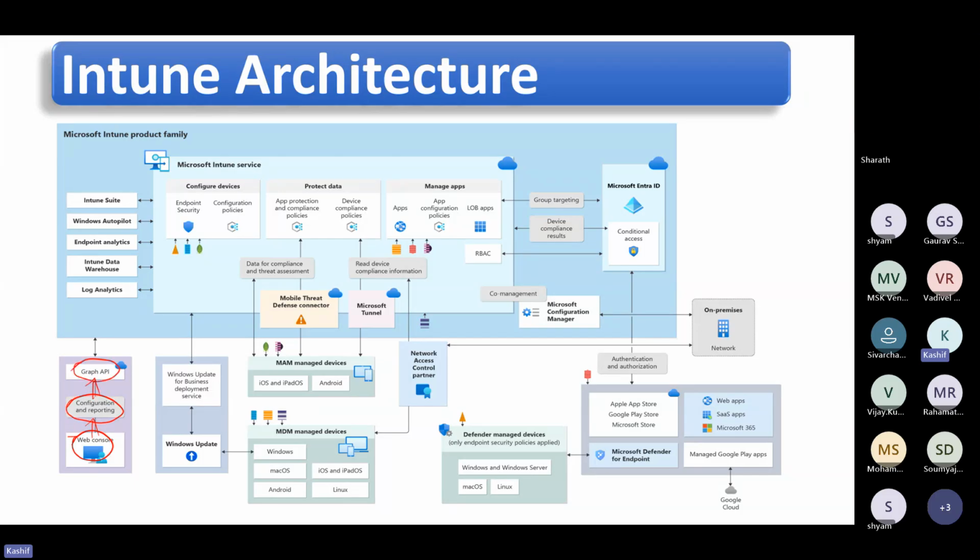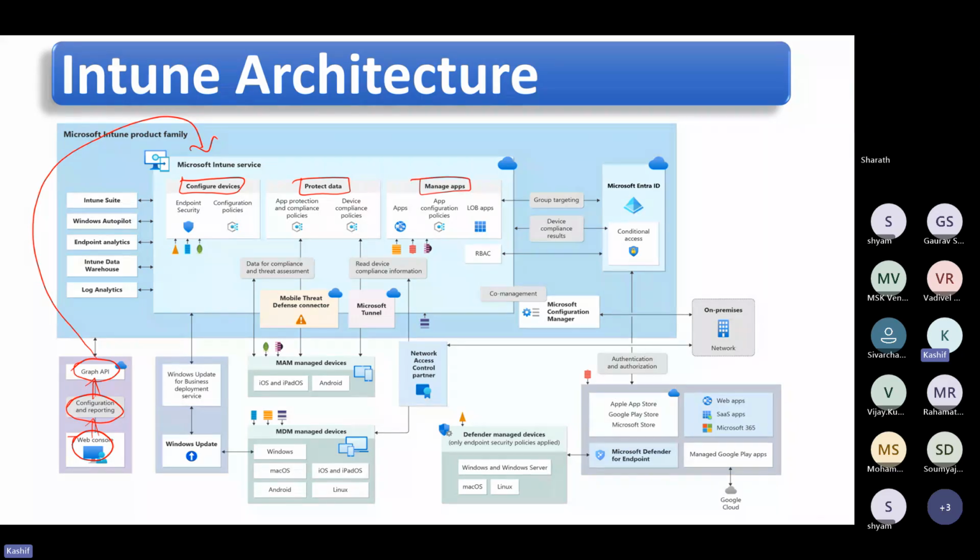Graph API is a communication bridge between you and Intune services in the backend. So whatever you would like to do, for example, configure devices, protect data, or manage applications, your information will be given to Intune services in the backend. And then accordingly, configuring devices, protecting data, or managing applications will happen.